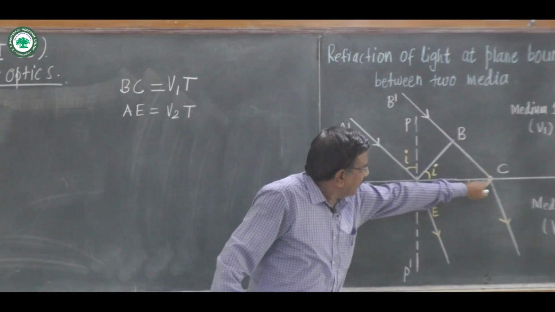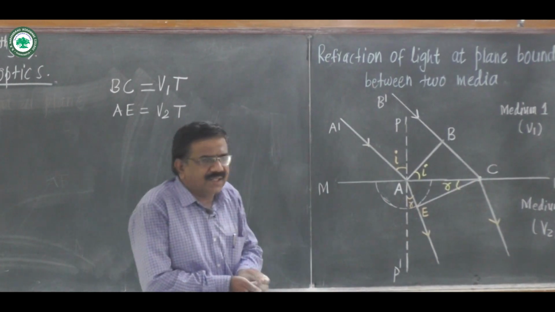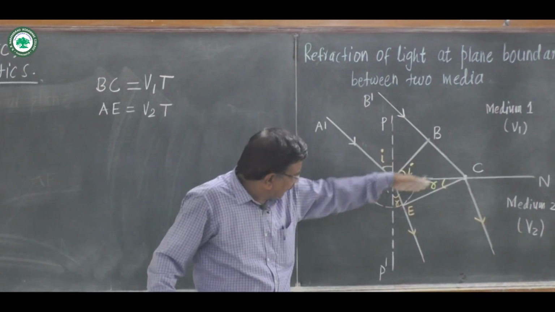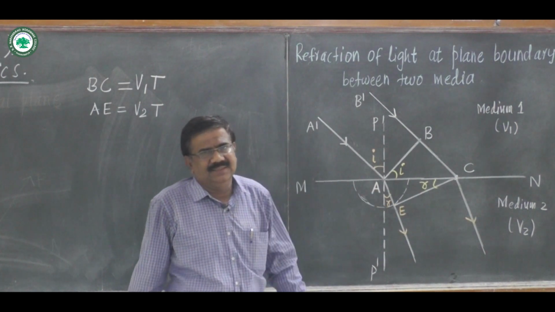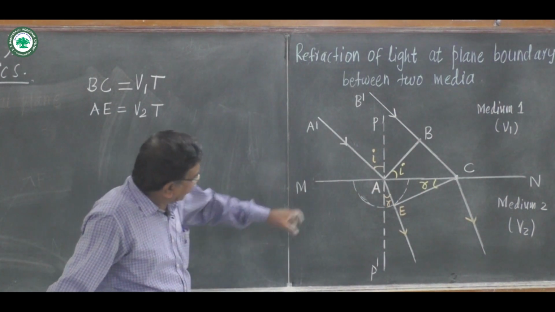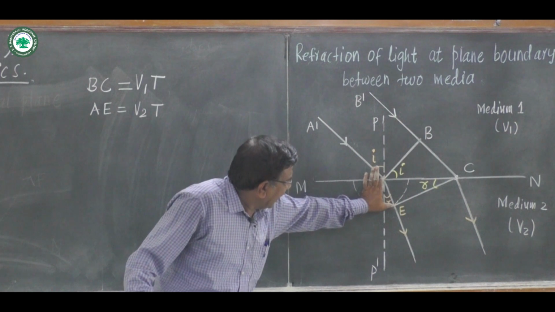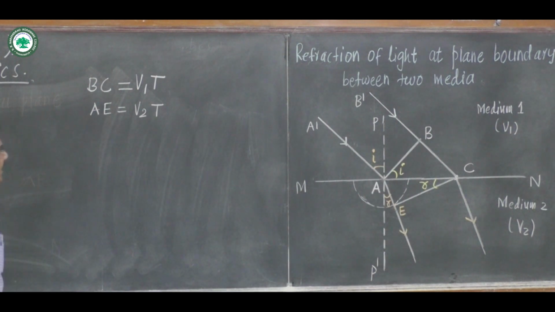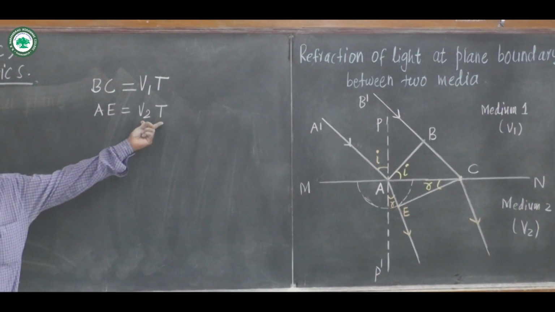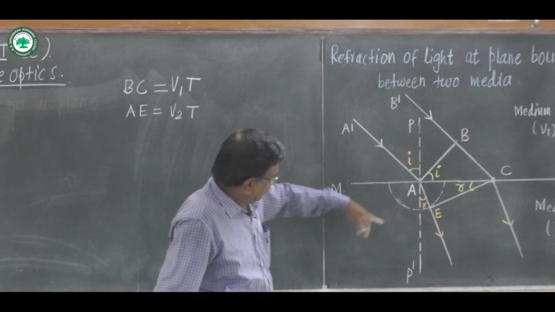Draw the perpendicular from C to this refracted light. Suppose that perpendicular is CE. Take A as center and radius equal to AE, that is v2t, and draw the hemisphere.